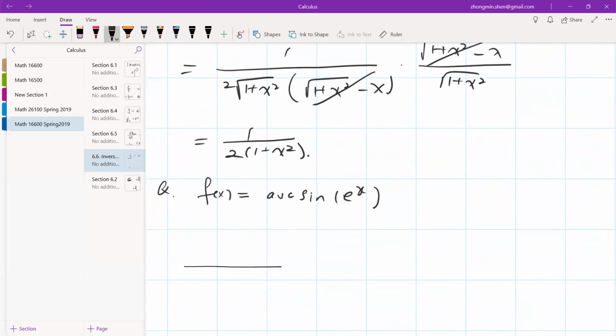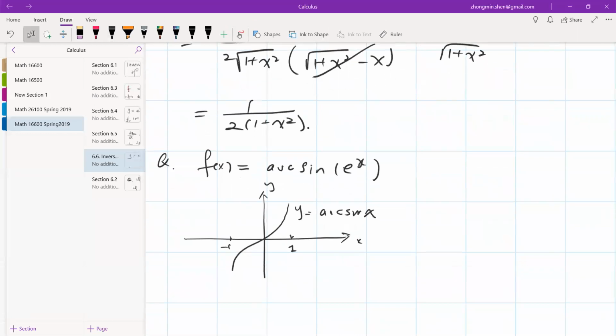Okay, so look at this, the domain of the arcsine. Y equals arcsine x. So that means the arcsine only takes values on x between negative one and positive one.